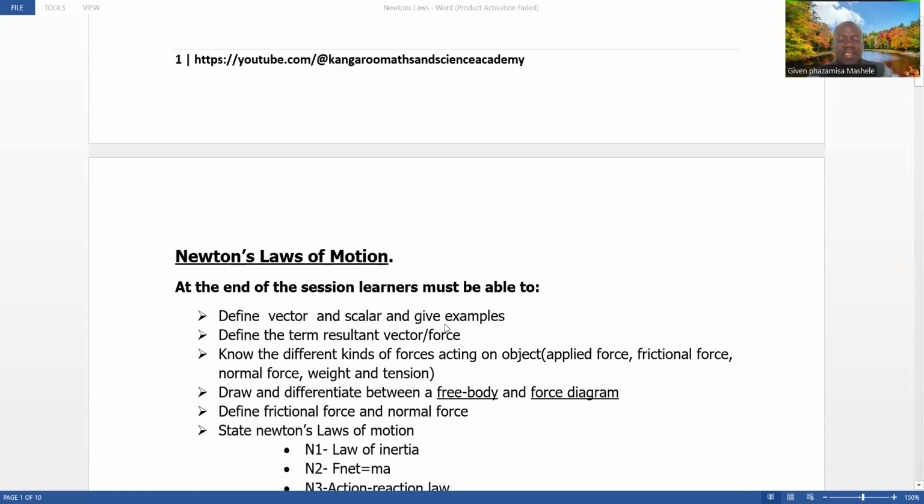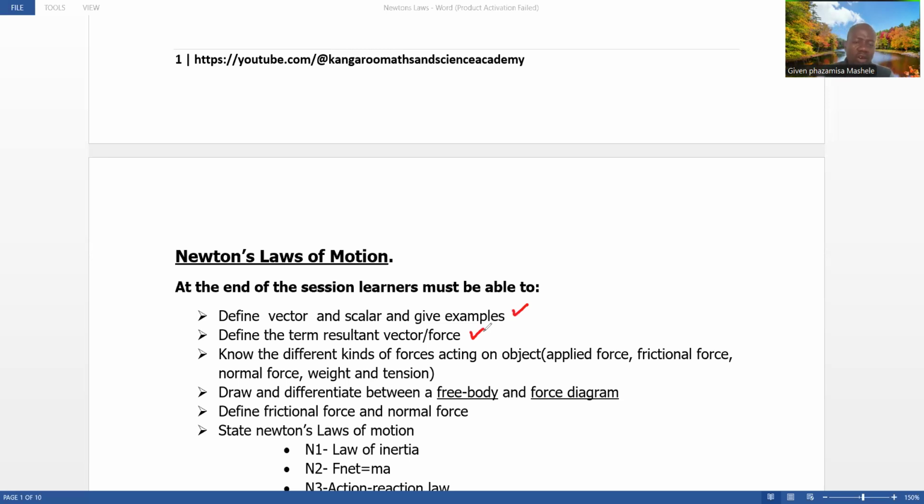All right, under these Newton's laws of motion, at the end of the session, a learner should be able to define what is a vector and what is a scalar, and also give examples of vectors and scalars. And secondly, a learner must be able to define what is a resultant vector or what is a resultant force.